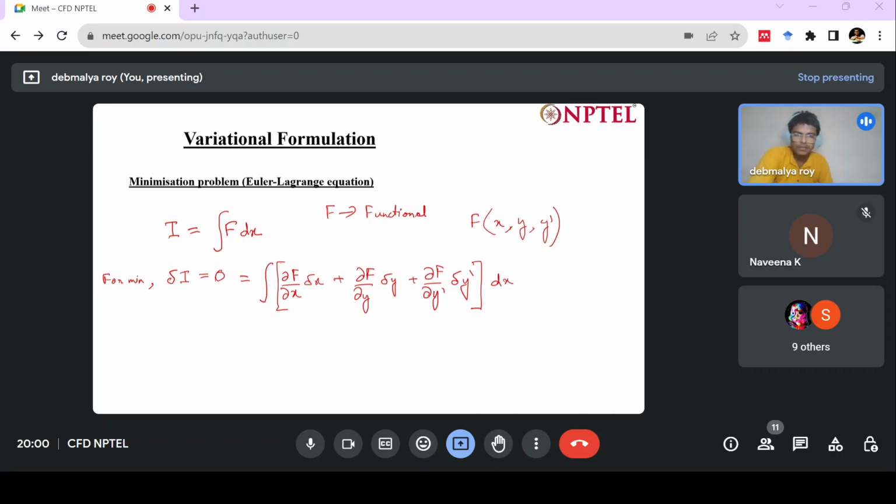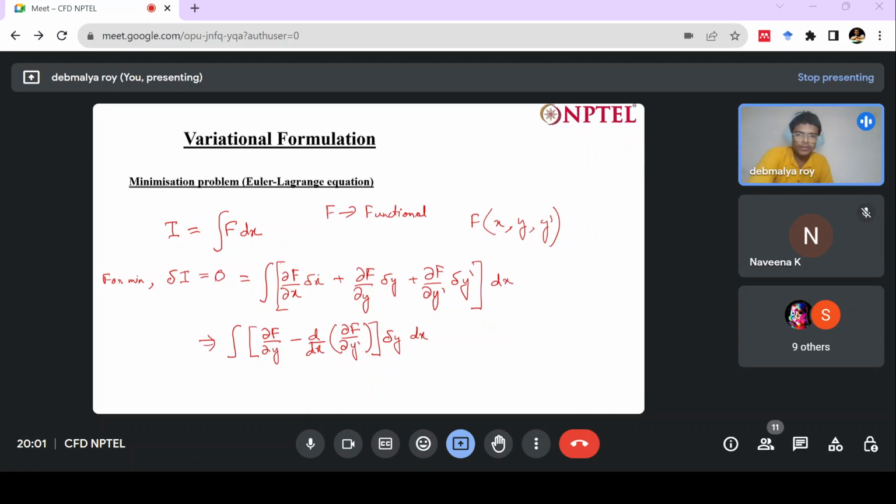If we simplify this by doing some integration by parts, you would arrive at this, plus there will be some boundary terms.